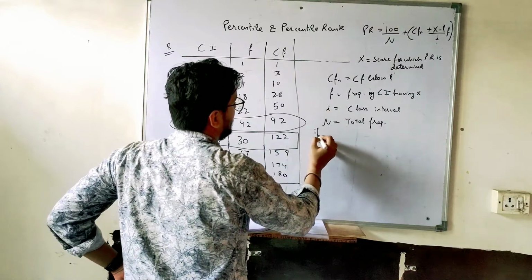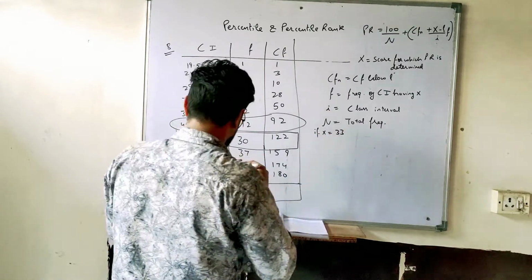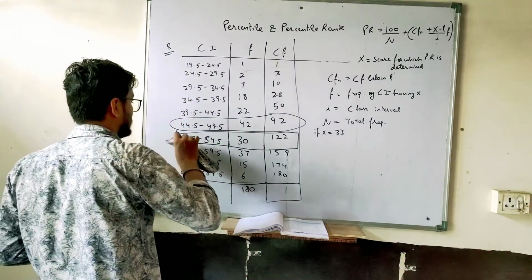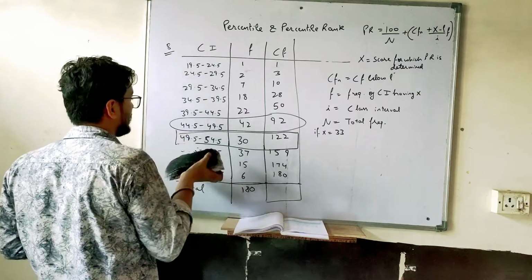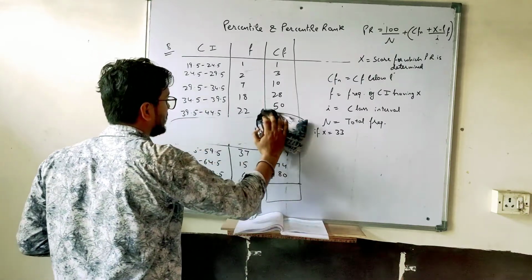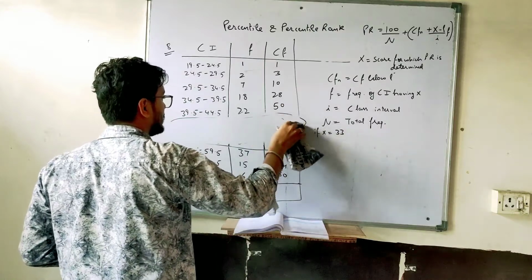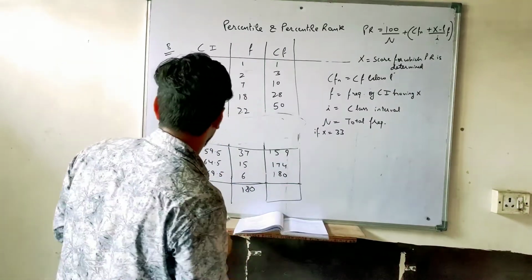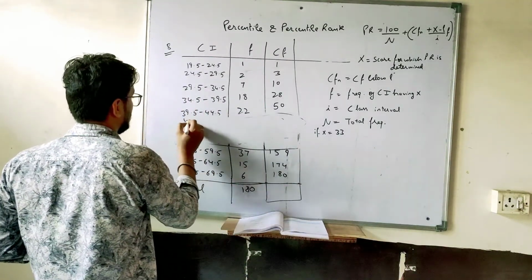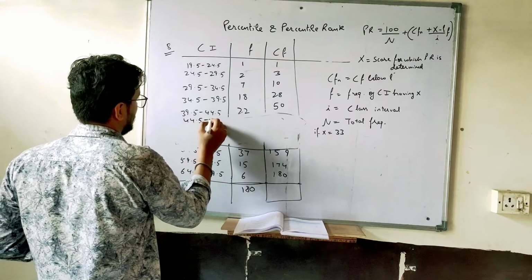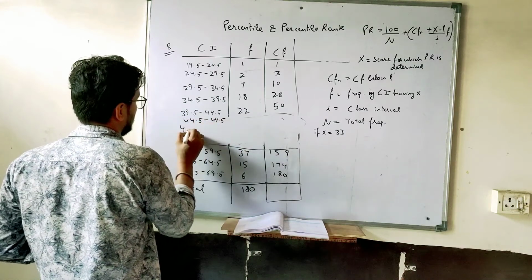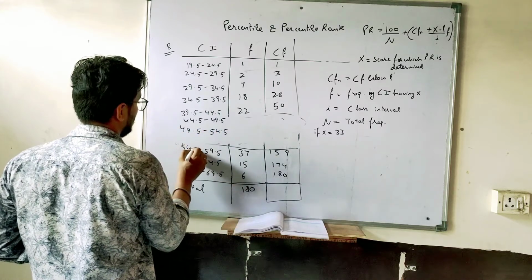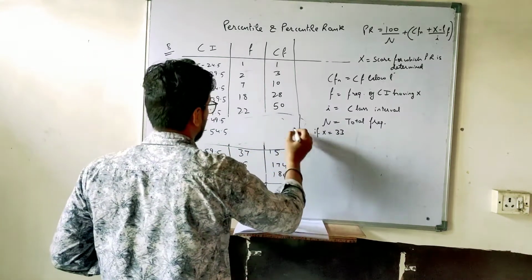So if x is 33, this 33 will lie in this class. Let me just rub this. Here we had 44.5 to 49.5, 49.5 to 54.5, 54.5 to 59.5, right?